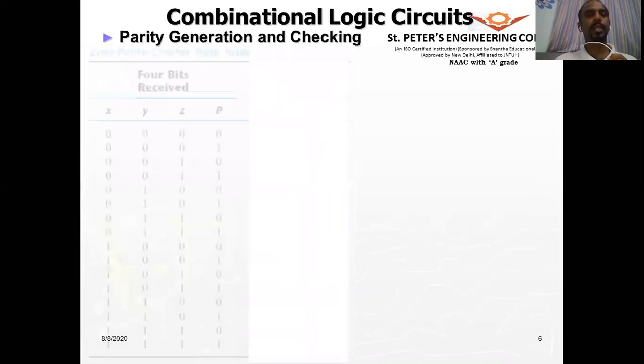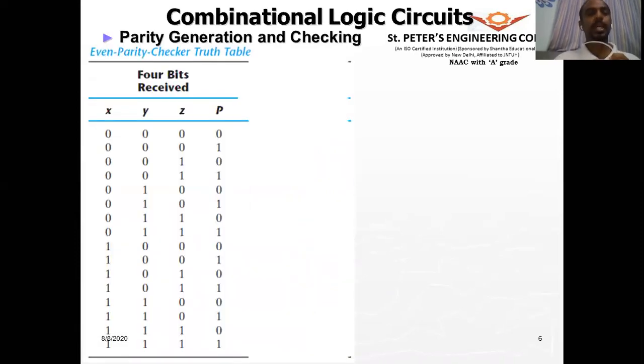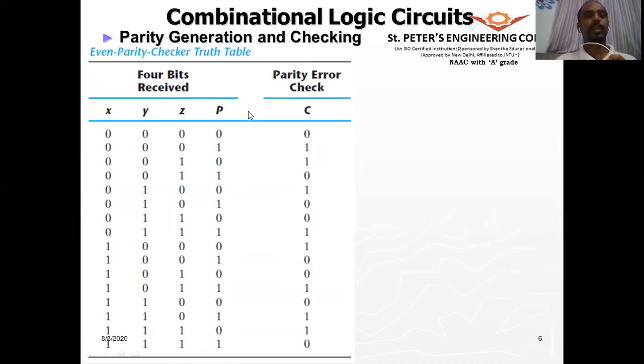Now what we are taking is the parity bit as well. That means we are not generating the parity here, but the parity is also used as an input. So we are considering 4 inputs, and then we are using the parity check.